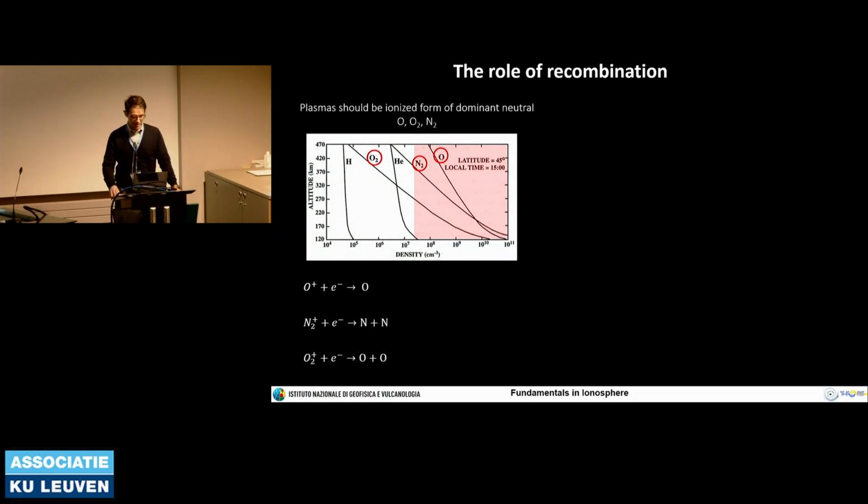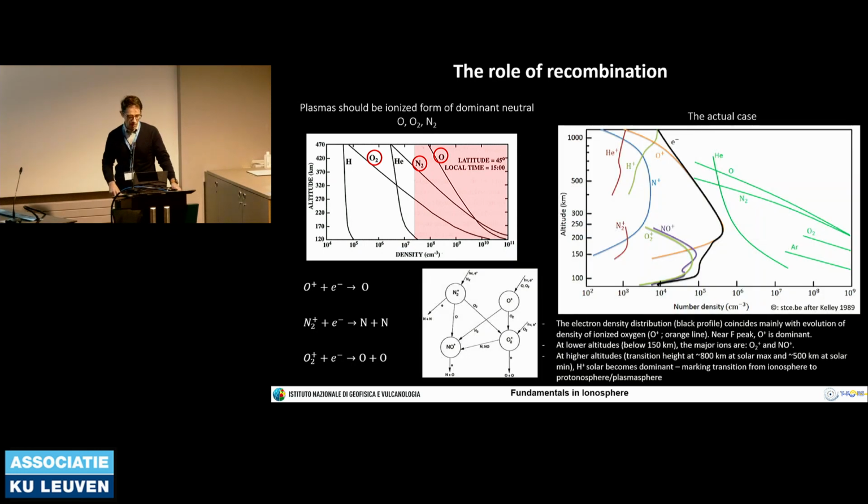So again, the same plot. I have reported there the main sources of recombination. And of course, the real case is more complex. There are many chemical reactions happening in the ionosphere, and a more complex picture. In the actual case, it's almost like that. On the left you will see the various sources of the various ionized species in the ionosphere.